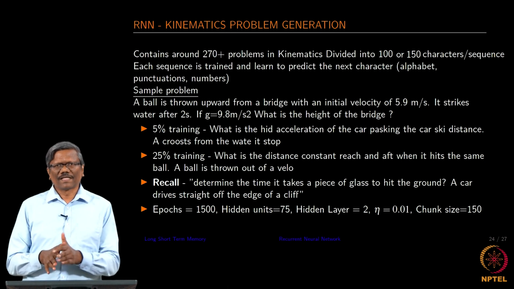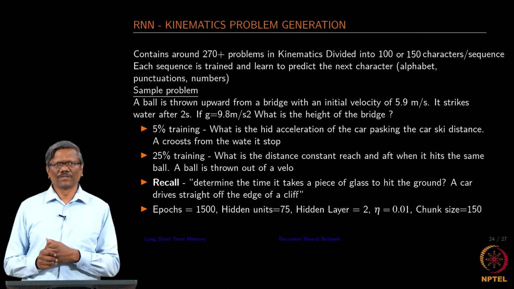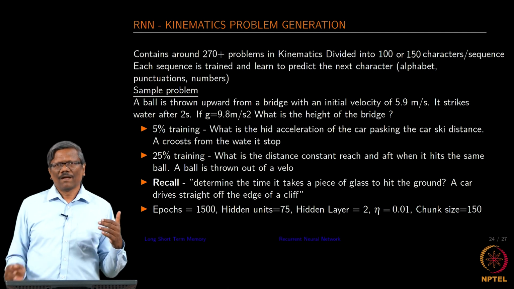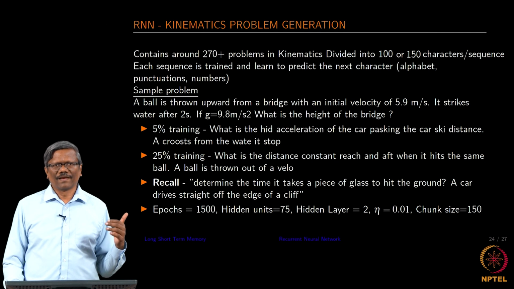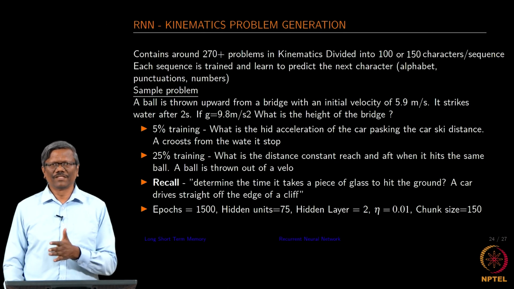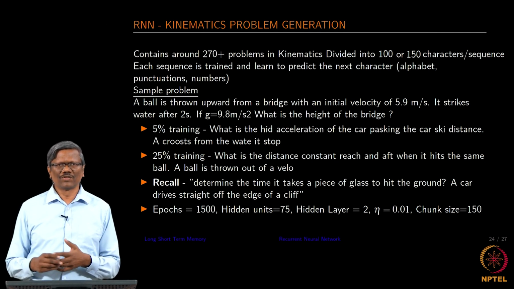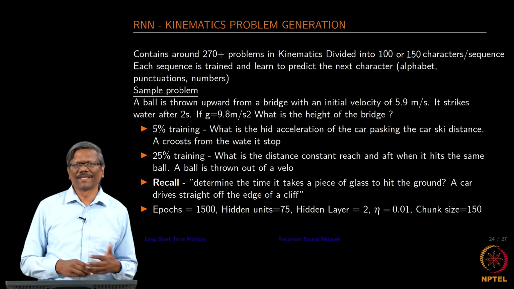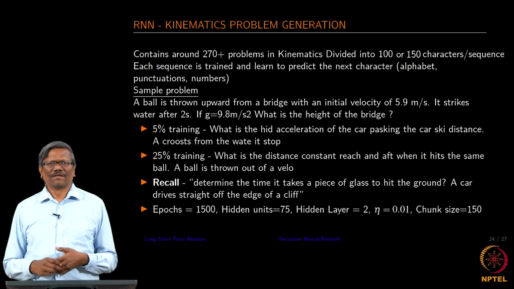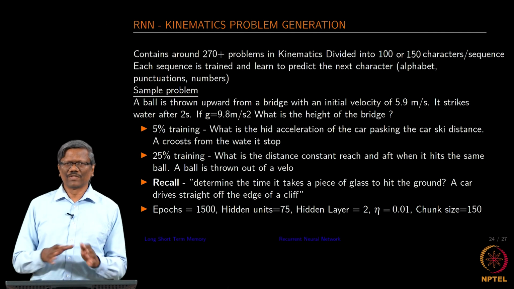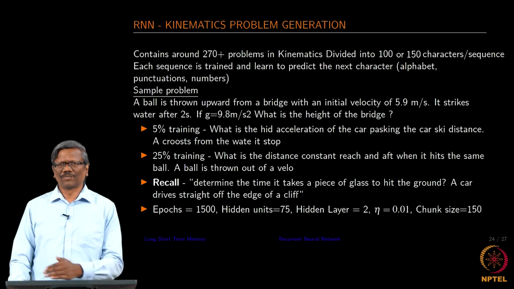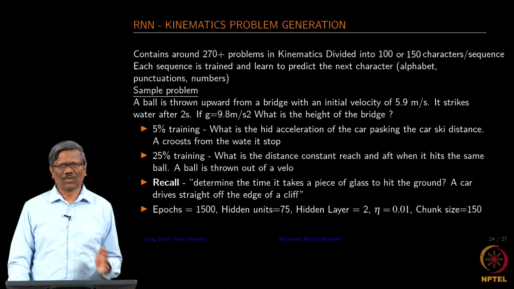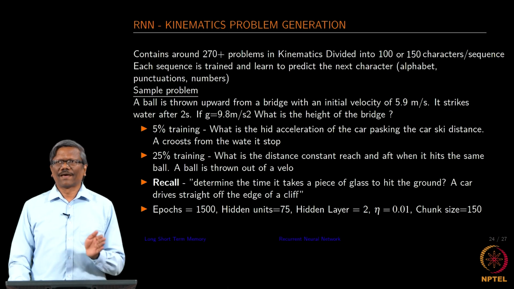The neural net knows nothing about this. All it knows is it contains characters like alphabets, punctuation, numbers, and so on. It does not know the word, it does not know the spelling of any of those, it does not understand any of those initially. All it knows is there are so many characters and it has to process each character one at a time, and then it knows what is the next character to be predicted.